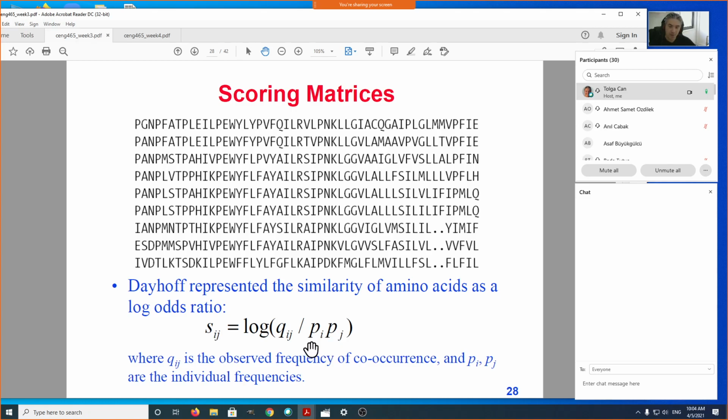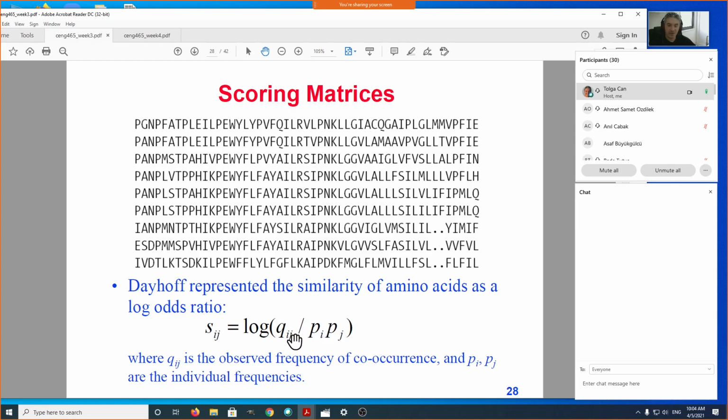But we're going to compare this ratio, checking whether Qij is larger than Pij, whether it's more likely to observe these two amino acids together in nature compared to random matching of them. So our threshold is 1. And the logarithm of 1 is 0, which means that if they're equally likely observed, we don't have a match or mismatch, positive or negative score, it's just 0.